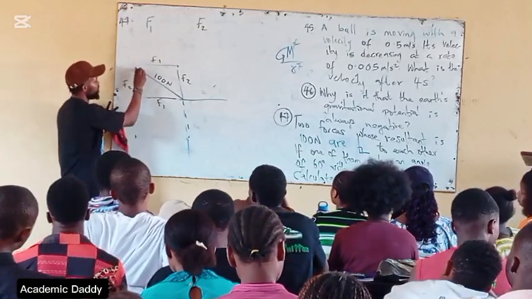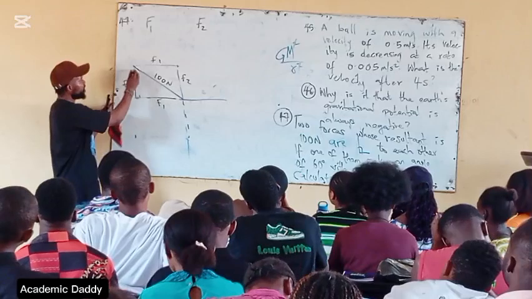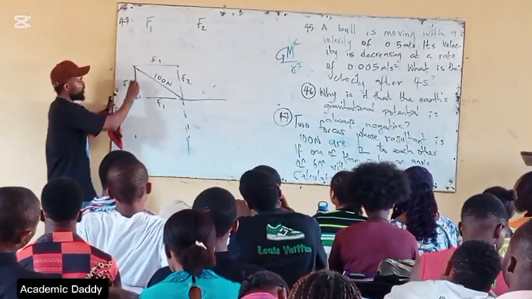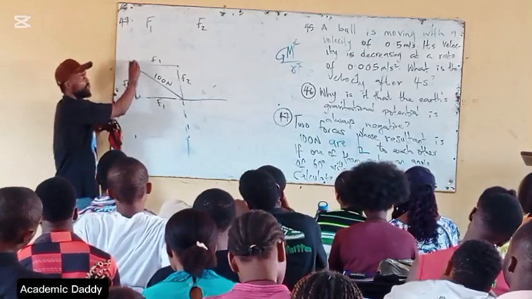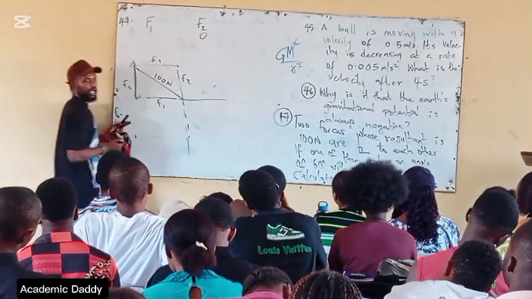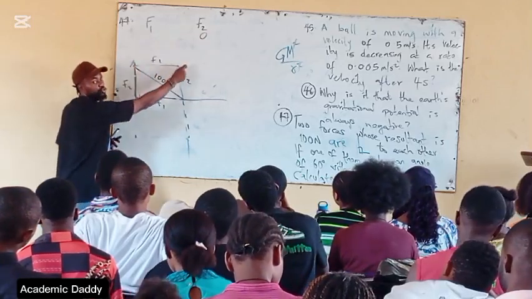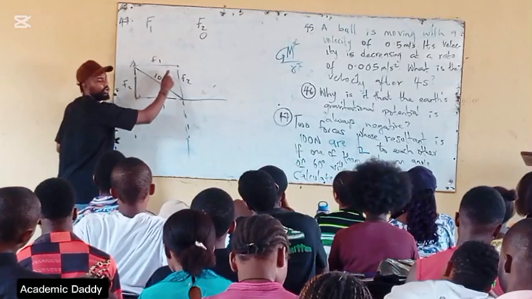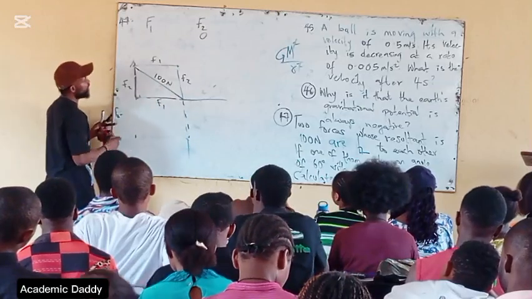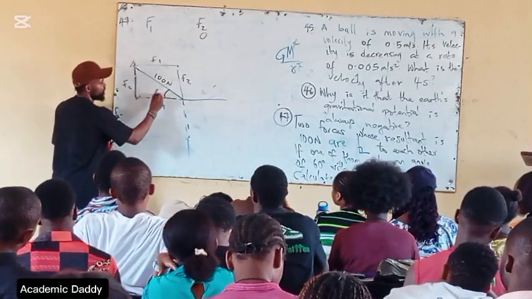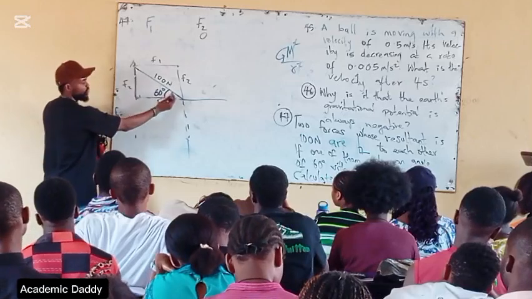So what I will be checking now is, on F2, I have a force here. When I have 0, and if I choose to resolve this resultant along F2, that is going to the y-axis. It's 60 degrees to the resultant.